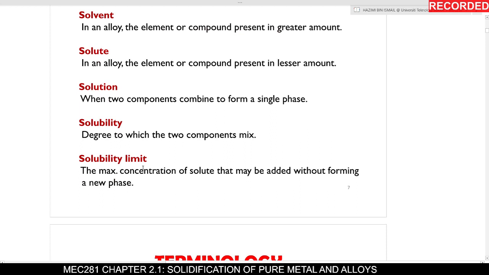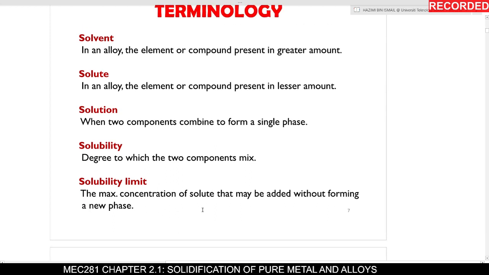So that is the solubility. Okay, solubility limit. When it comes with the word limit here, it means that it is the maximum concentration of solute that may be added without forming a new phase. Okay, so here solvent is the greater amount, solute is the lesser amount.